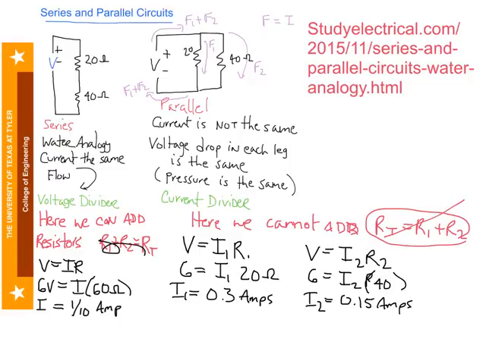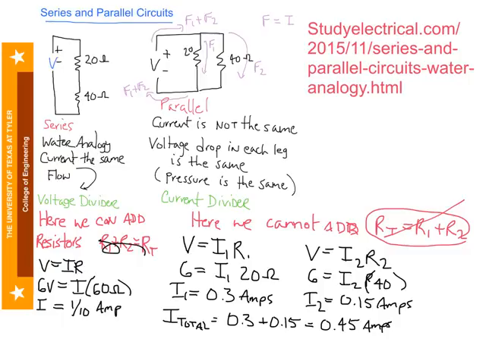This also means I can find the total current, right? The total current is I1 plus I2, so I total equals I1 plus I2, so 0.3 plus 0.15 equals 0.45 amps.